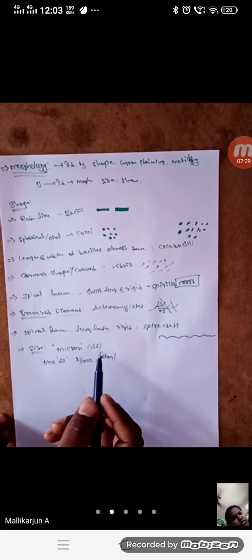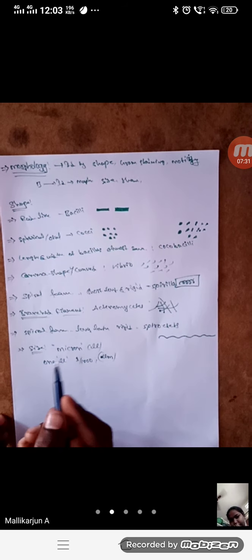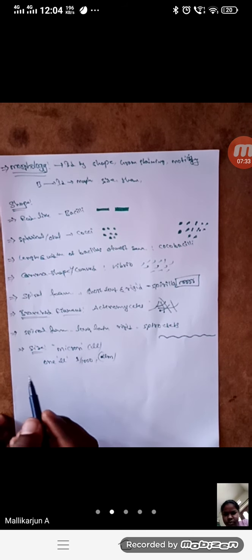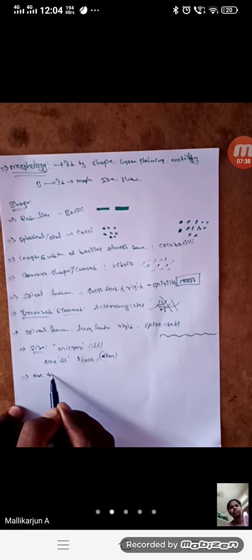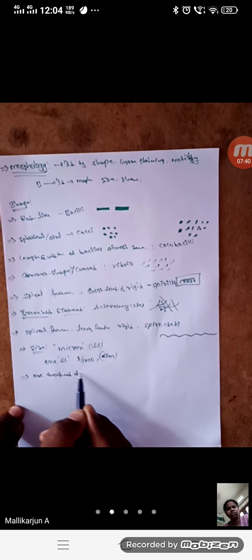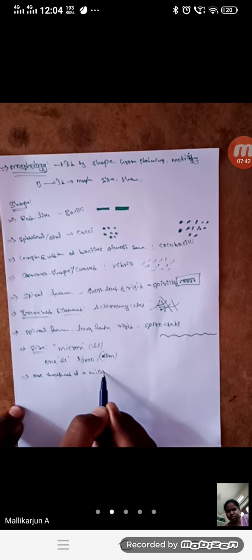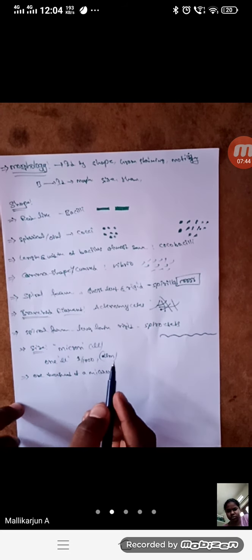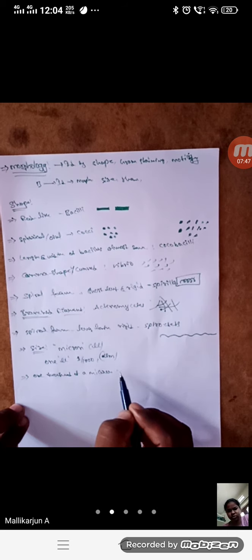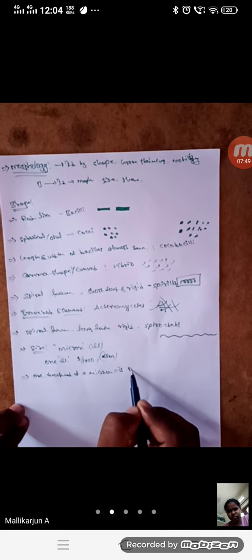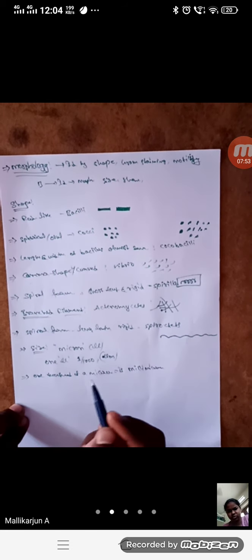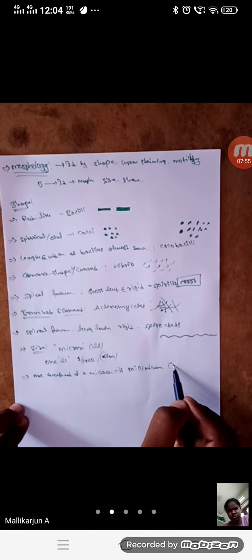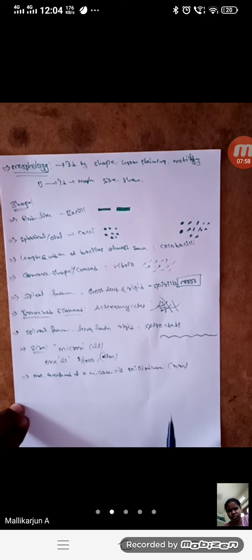The next one: one thousandth of a micron is one millimicron. One millimicron is also called one nanometer.